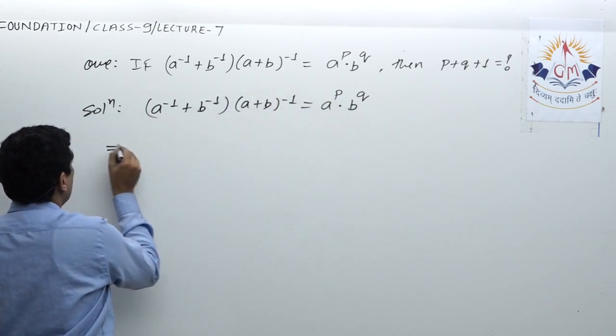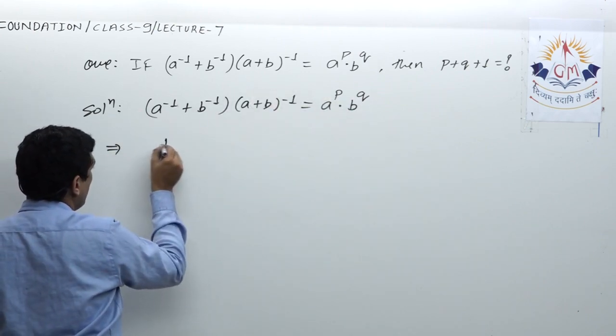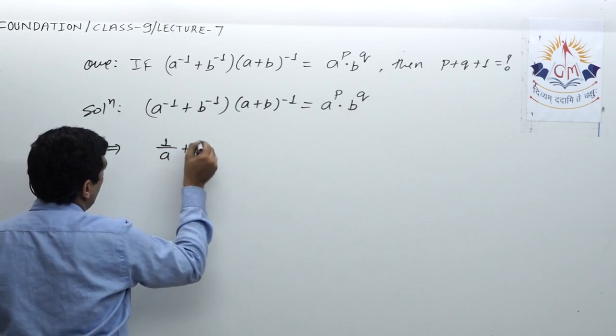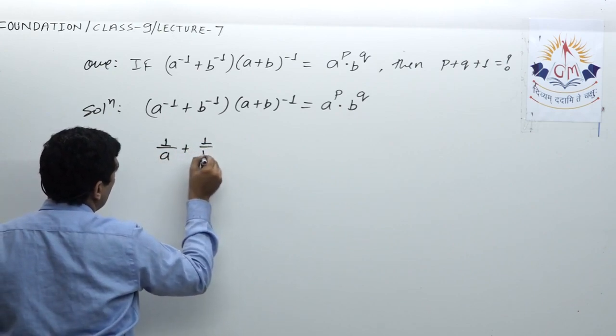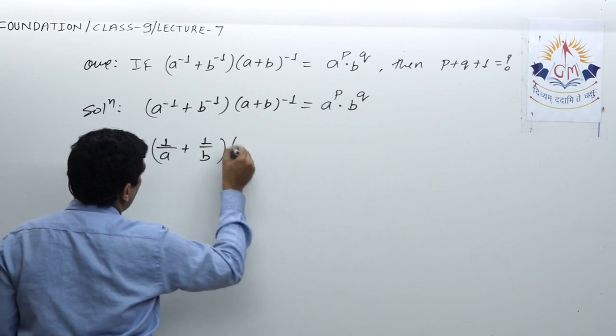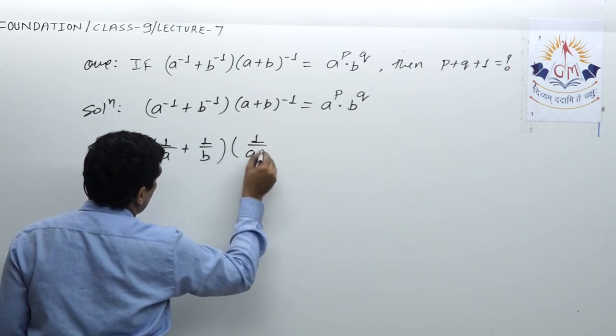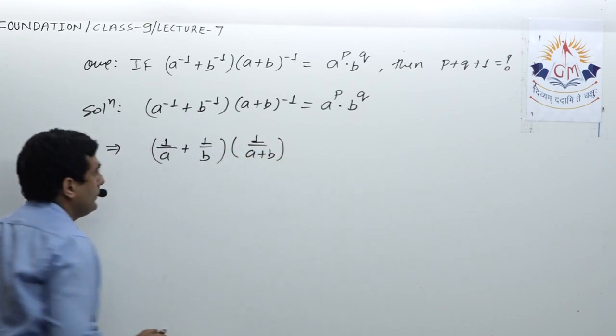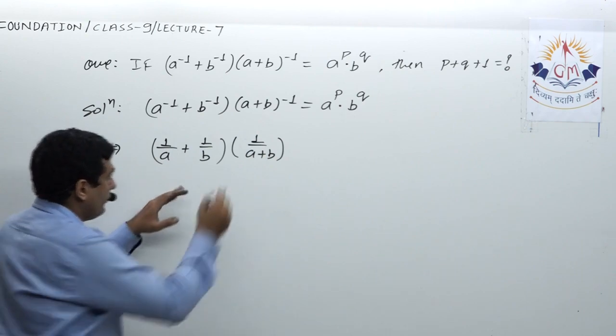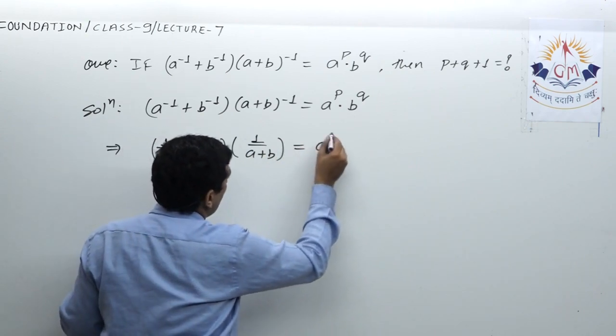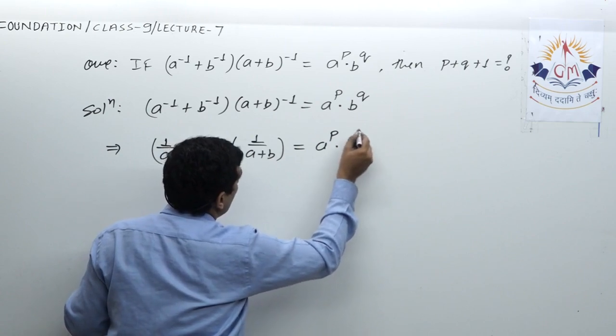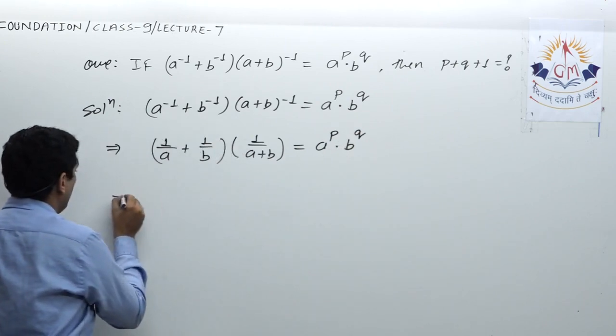So let us see, this is a raised to minus 1, so 1 upon a, plus b raised to minus 1, that is 1 upon b. Over here this is 1 upon a plus b, because a plus b raised to minus 1, so 1 upon a plus b is equal to a raised to p into b raised to q.